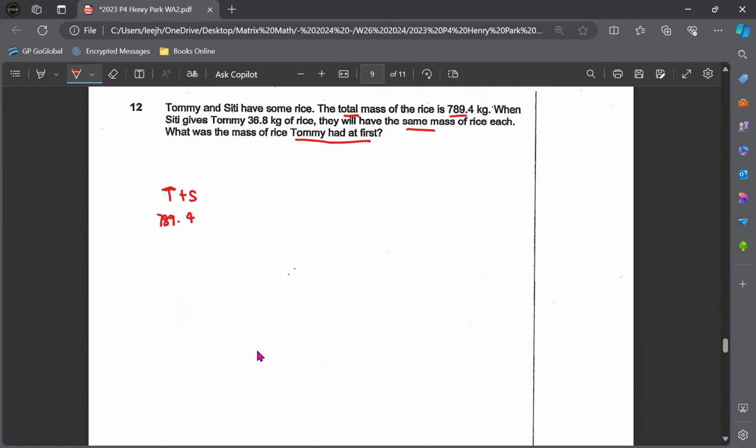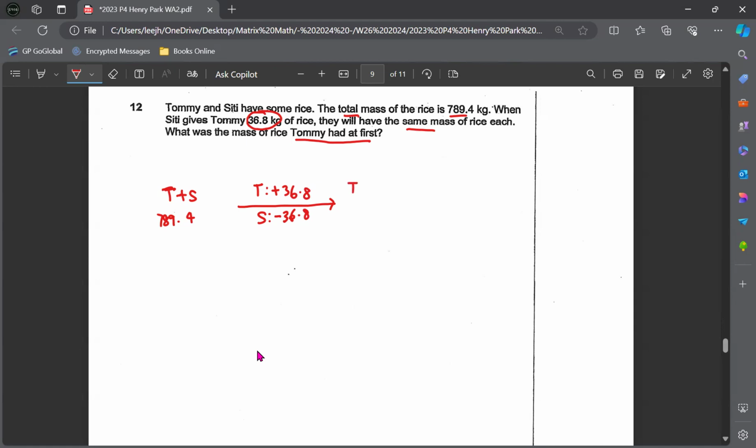So after that, you can see that Kitty is going to give Tommy. So Kitty is mentioned second, right? So I just write Kitty. Kitty gives, so Kitty minus how many? 36.8. And Tommy receives, so Tommy will plus 36.8. So as you can see, this 1 plus 1 minus means this is internal transfer.